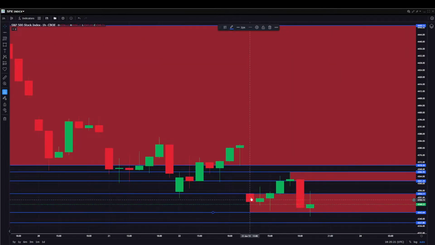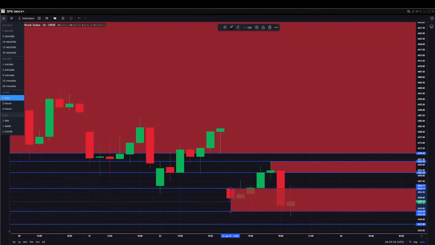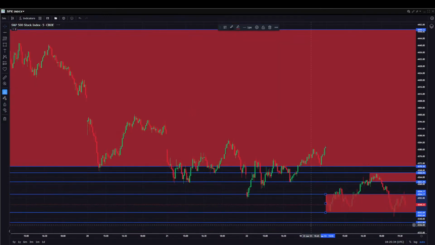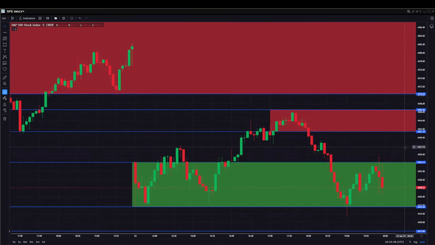Yeah, I'm definitely going to be paying attention to this candle and these levels here. Just double checking something quickly. We never got a 5-minute close below, so this is still demand.